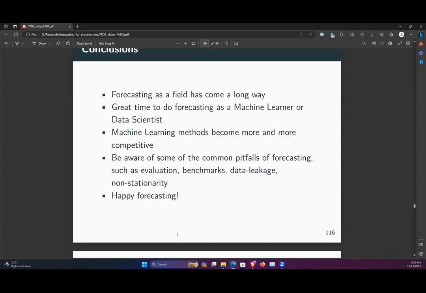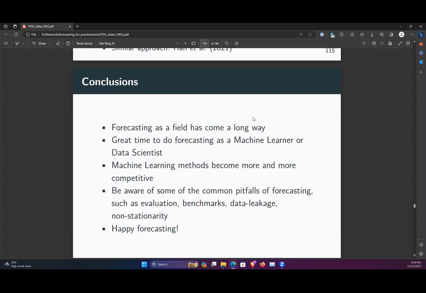Wow, amazing. Yeah. So, as conclusions, one thing we wanted to show you here is that forecasting as a field has come a long way. It's a great time to do forecasting as a machine learner or data scientist.